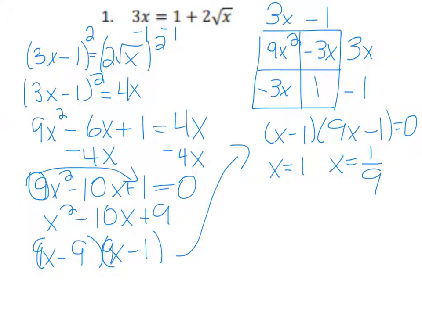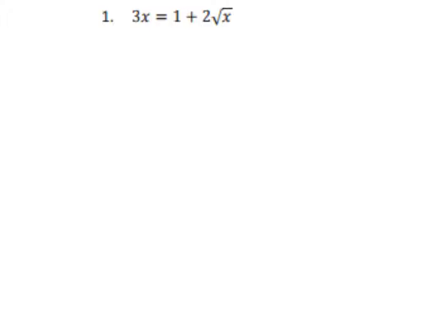Our last step is to always check our solution, so let me clear some space for that. So we said x is equal to 1 and x is equal to 1 divided by 9. And let me change color to check our solution here.